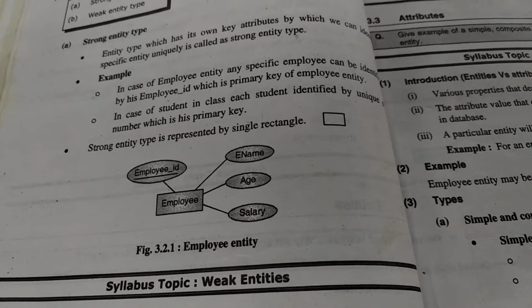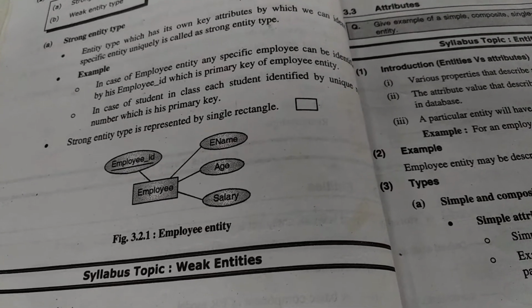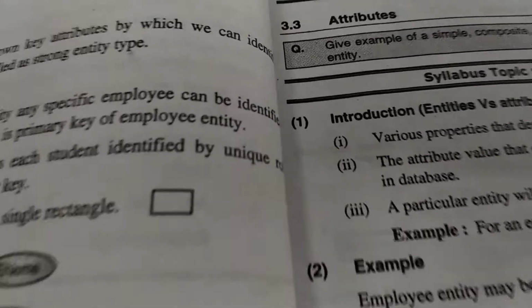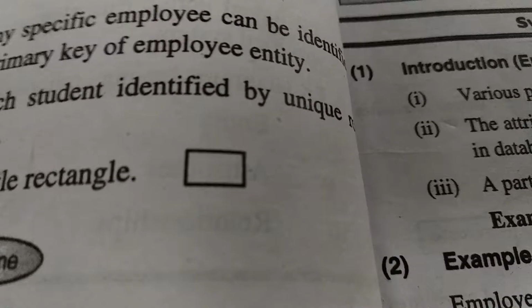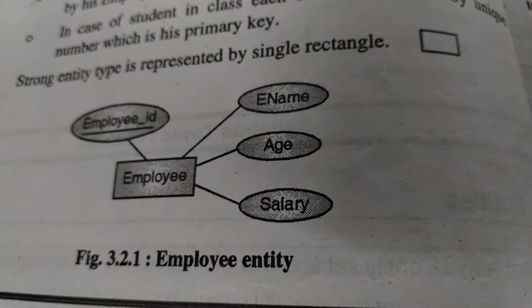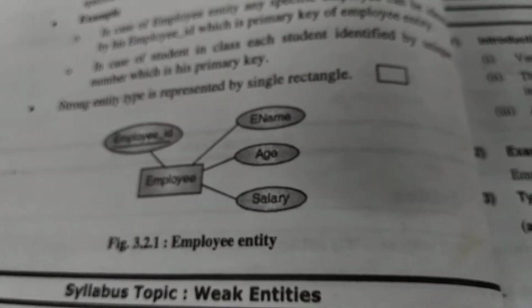This is the diagram of strong entity type. Strong entity types are represented by a single rectangle. This is the diagram of employee entity, a strong entity.